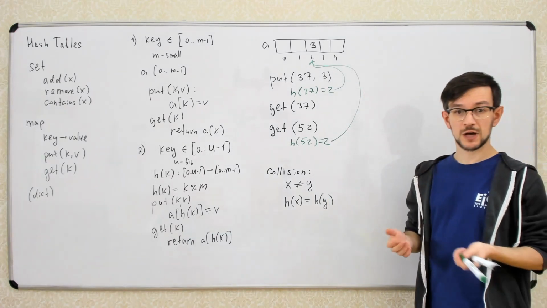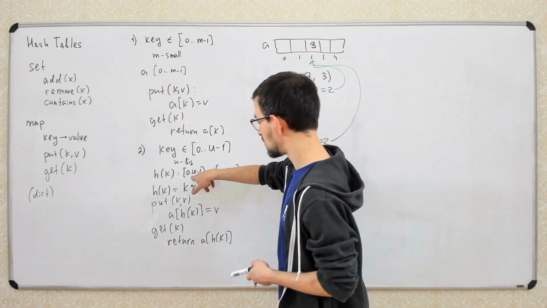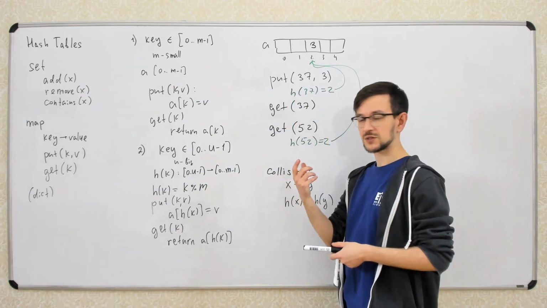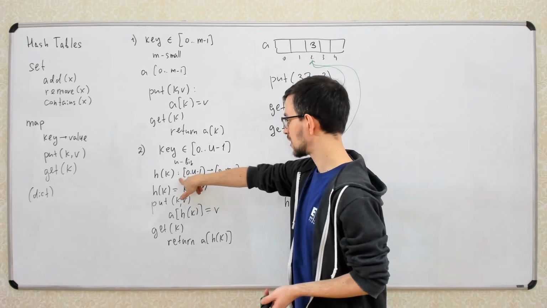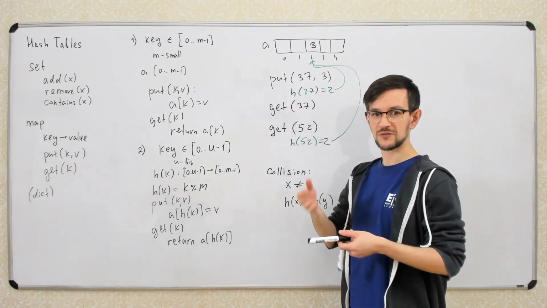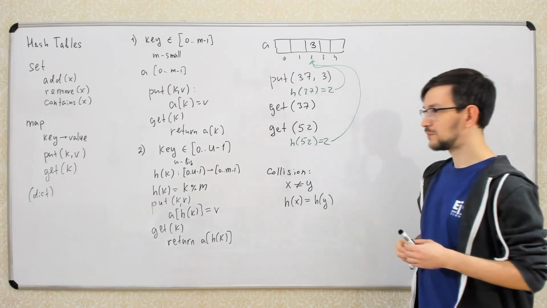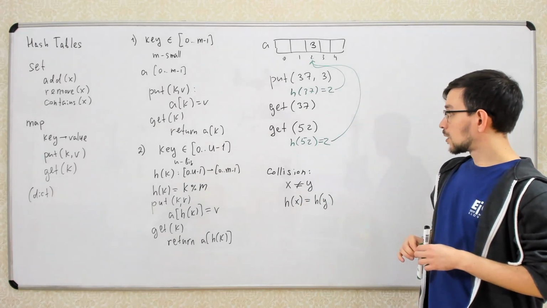That sometimes happens. That definitely happens because here you have many numbers, and here you have a small number of items. If you have a mapping from a big range to a small range, you will have some collisions. Yes, by the pigeonhole principle.